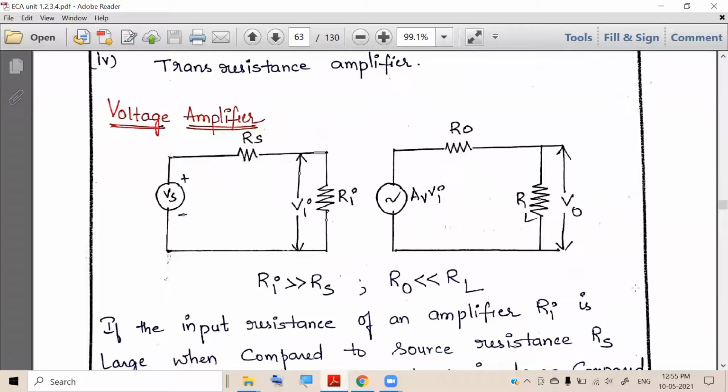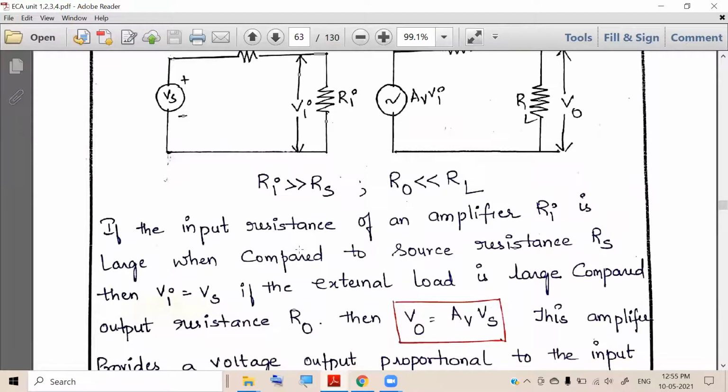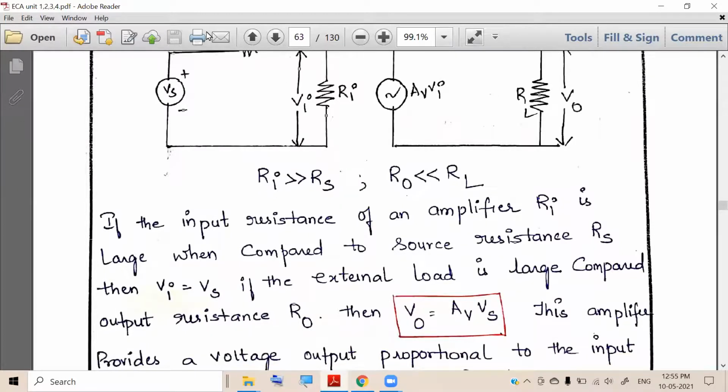If these conditions are satisfied, then only we say that our amplifier is a voltage amplifier.